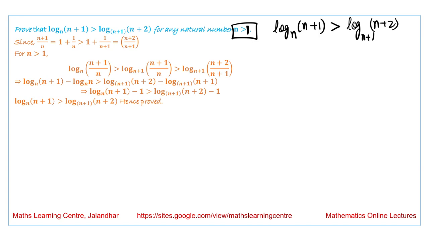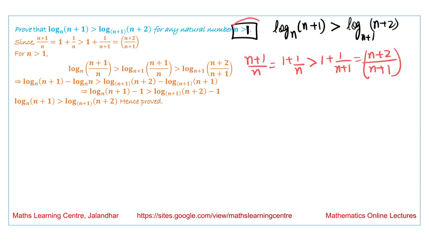So, to prove this result, we are using this result over here. We are saying it is n plus 1 over n. We can see it is equal to 1 plus 1 by n. This is greater than 1 plus 1 by n plus 1, and this is equal to n plus 2 divided by n plus 1.